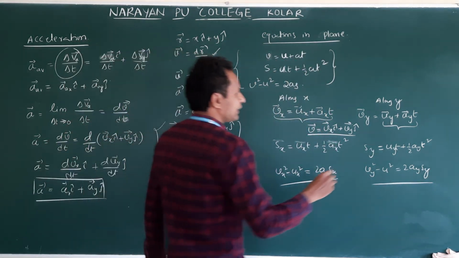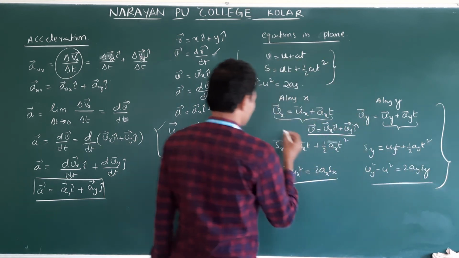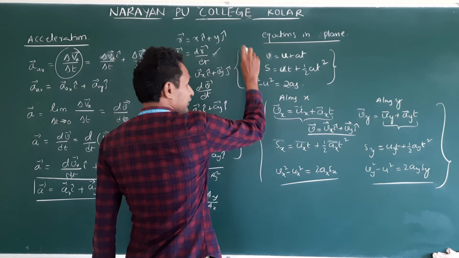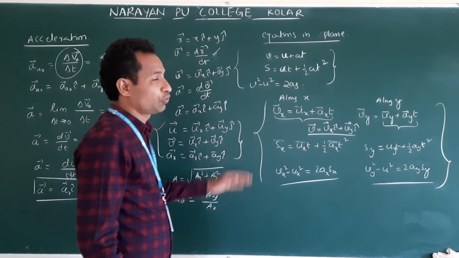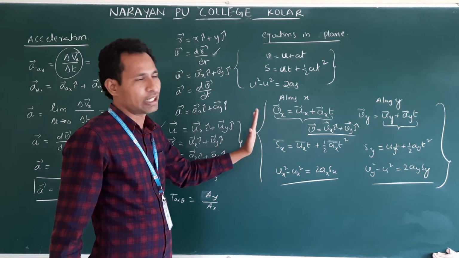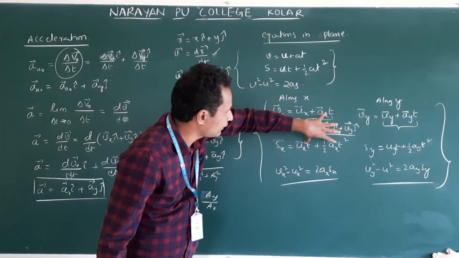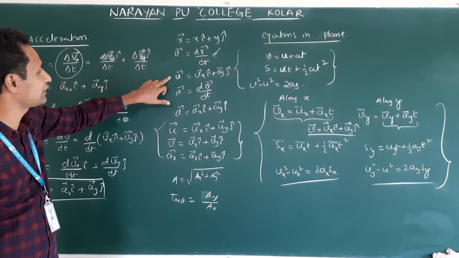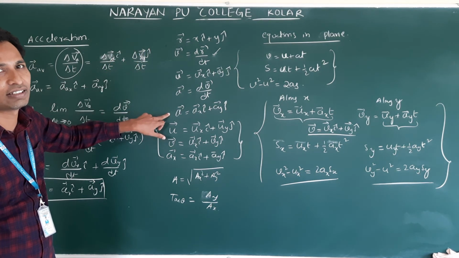Clear? So in this lesson we will follow these 6 equations. How do we get these 6? Using straight line motion, the first lesson equations, the previous lesson equations, we have written in 2 dimensions. To write all these equations, this was the story: position vector, velocity vector, acceleration vector.